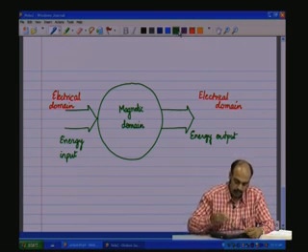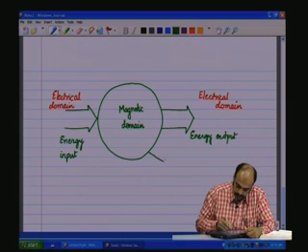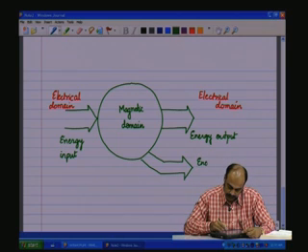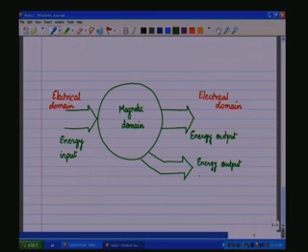If we had one more output apart from the electrical output, an energy output in the mechanical domain, this is the basis for the induction motor.